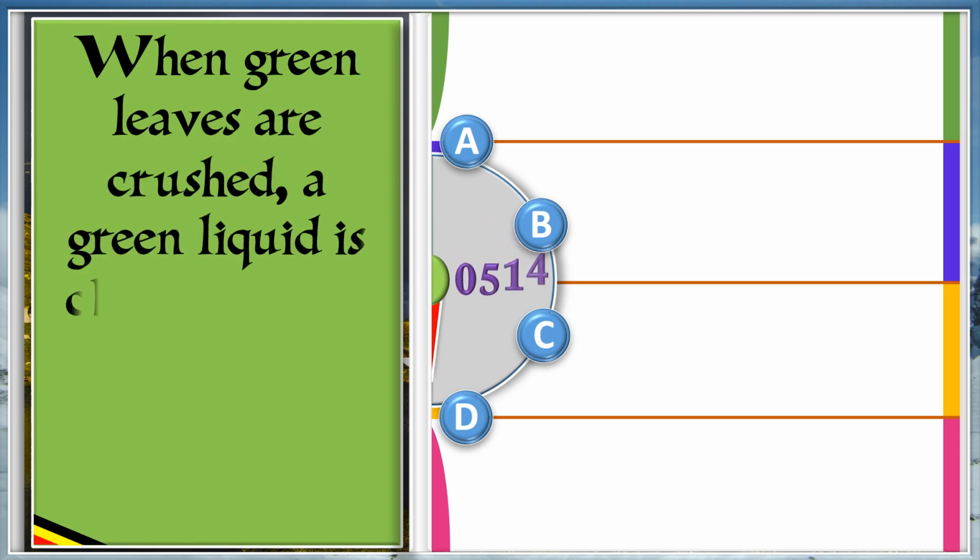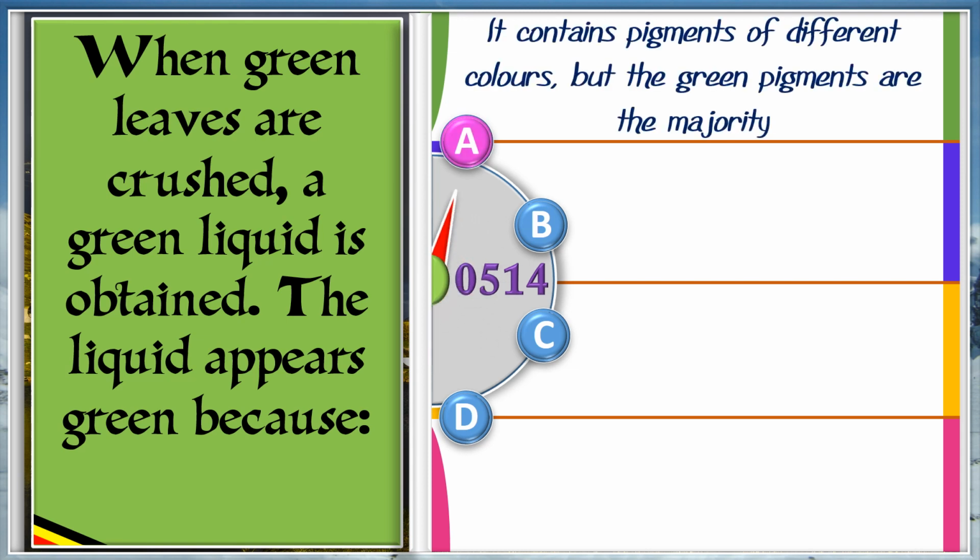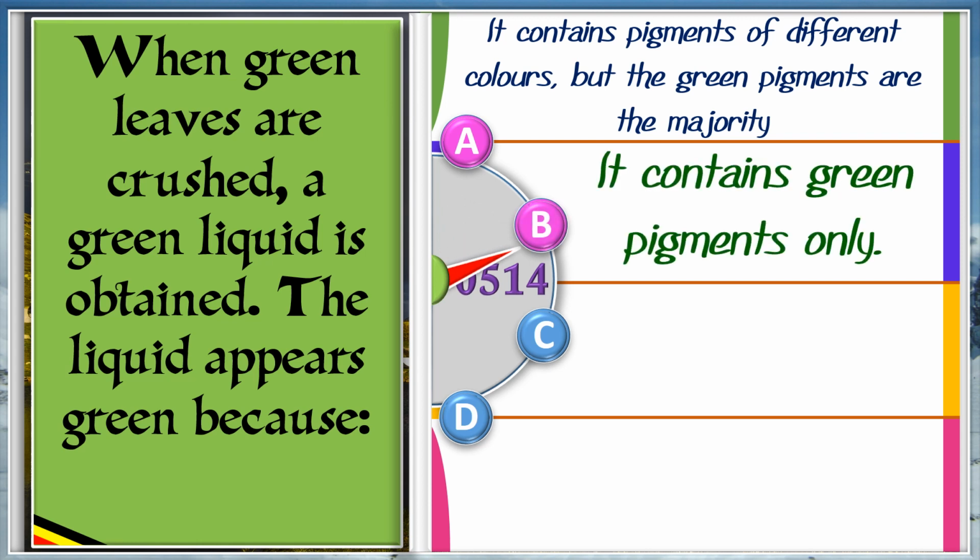When green leaves are crushed, a green liquid is obtained. The liquid appears green because A. It contains pigments of different colors, but the green pigments are the majority. B. It contains green pigments only.